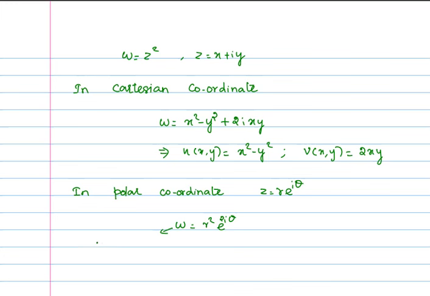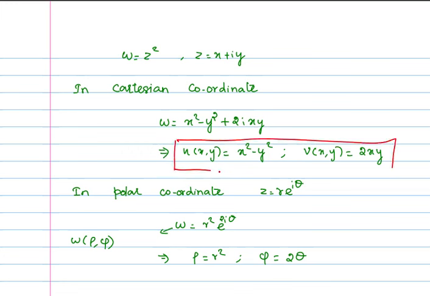So in polar coordinates, W is of the form rho comma phi, we can assume. This implies rho equal to R square, phi equal to 2 times theta. These are the relationships between the Cartesian and the polar coordinates of the given mapping.